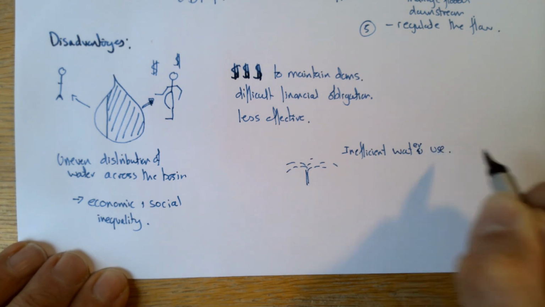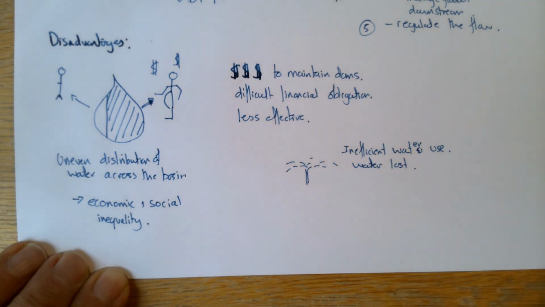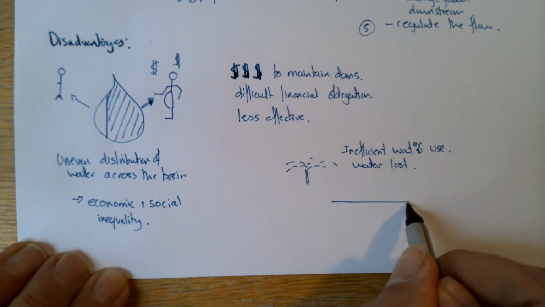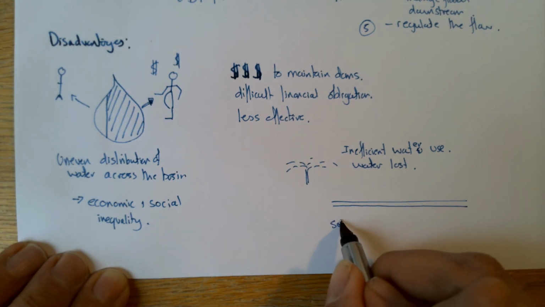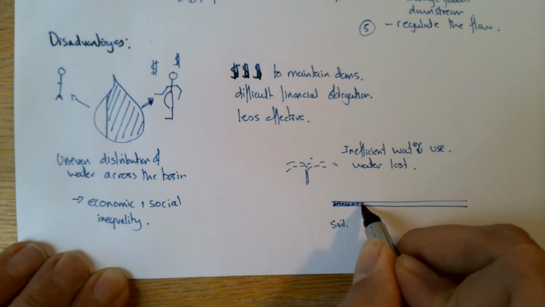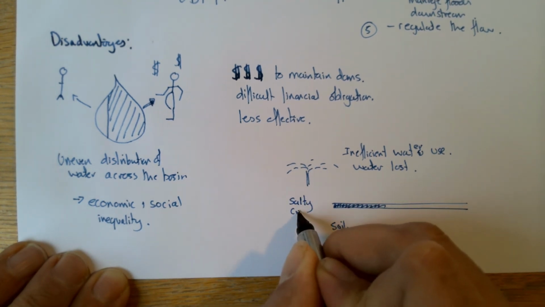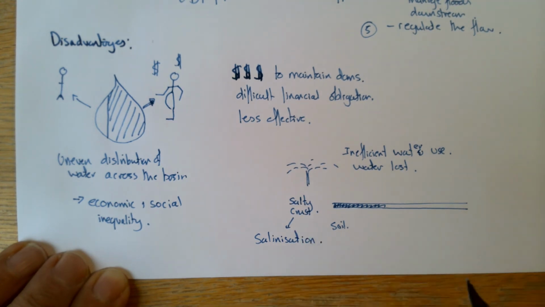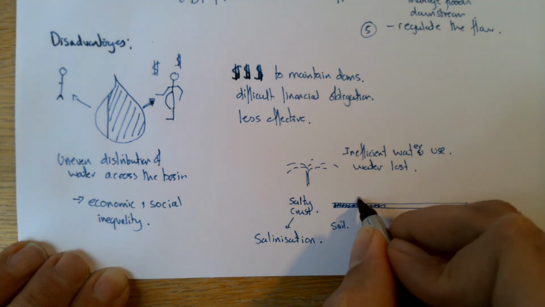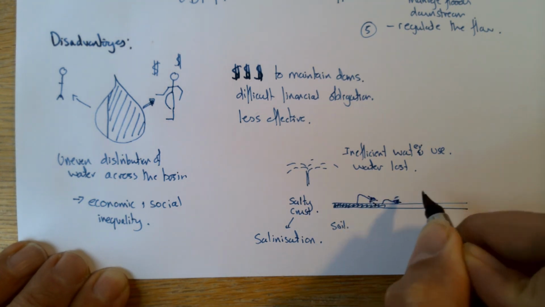Water is lost from the system, but equally by spraying water in abundance, a lot of it, onto the soil, we encourage the build-up of a salty crust. This is known as salinization. The problem with the salty crust is that the crops cannot grow in these salty conditions and they will die.